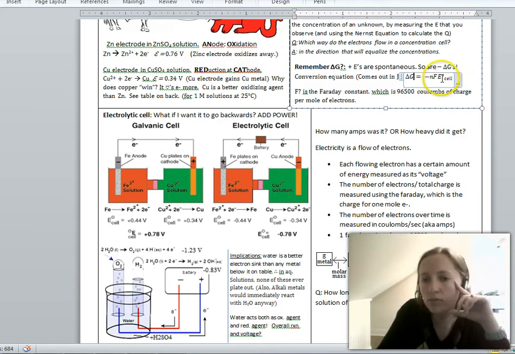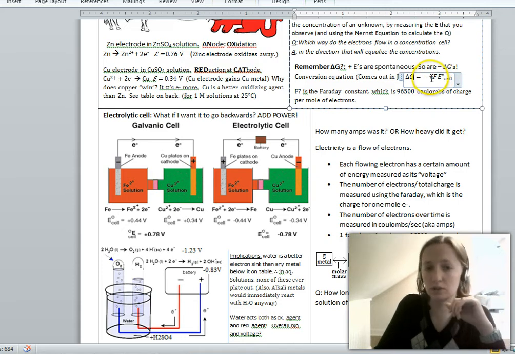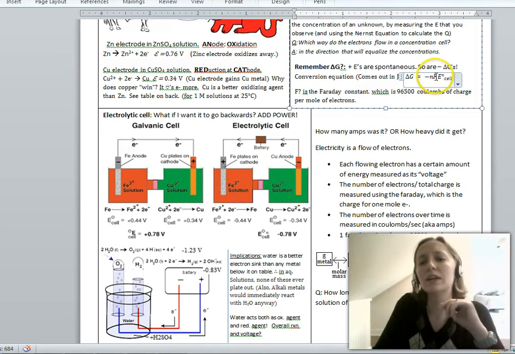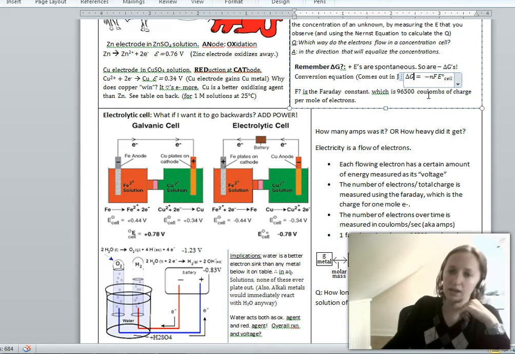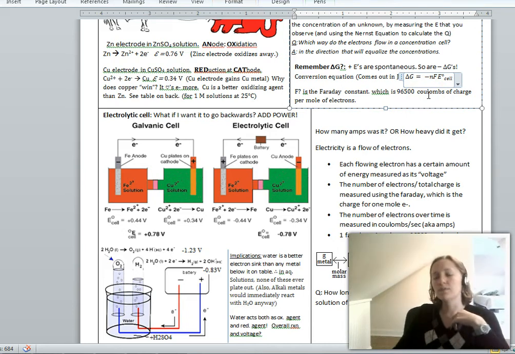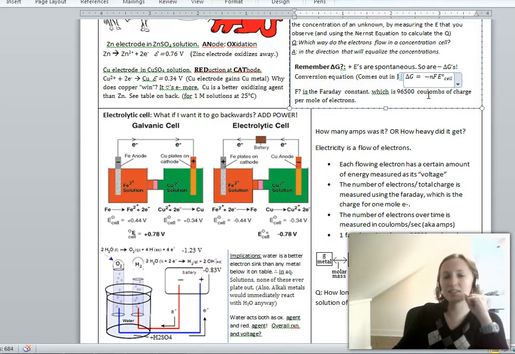And it's related to also the number of electrons that are being transferred, similar to the use of the n in the Nernst equation. And this big one, this is F, the Faraday constant, named after Michael Faraday, who was a real big electricity fellow. The Faraday constant is equal to 96,500. Isn't that nice? I think that's written down on your formula sheet, but you should know that.